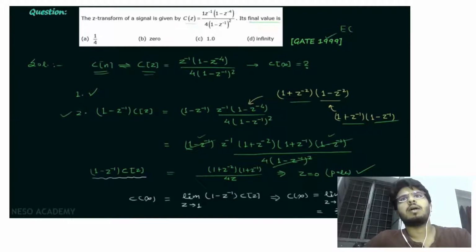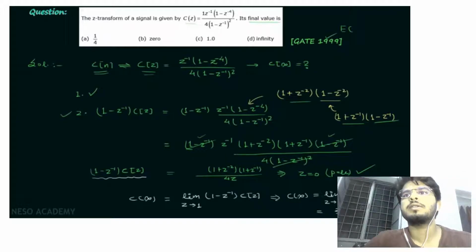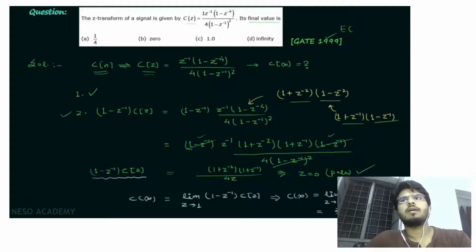So just to take an example, and practice the questions of final value theorem. We've been provided with the Z transform of a discrete time input signal, and we have to find its final value. So we're going to check the conditions first.